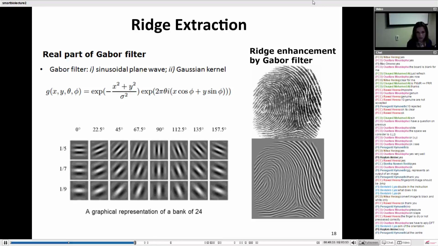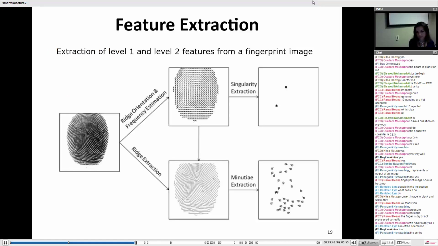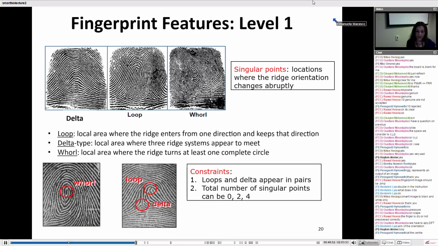So for now, you can practice these exercises that we are seeing during the lecture. And then I will give you also additional references for additional code in MATLAB, for example, also the enhancement of the fingerprint.